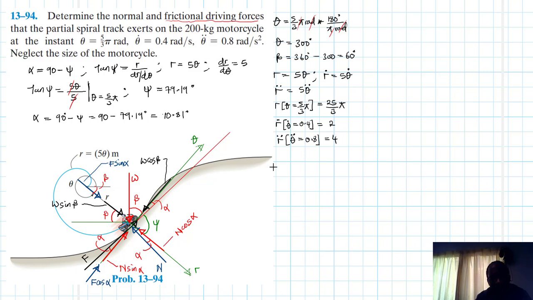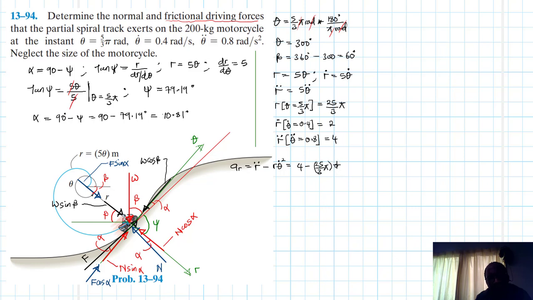Right, so we have everything. So let's work it out now. Write down the equations. Our a_r is equal to r double dot minus r theta dot squared, and this is equal to 4 minus r, which is 25 divided by 3 pi, times theta dot squared.